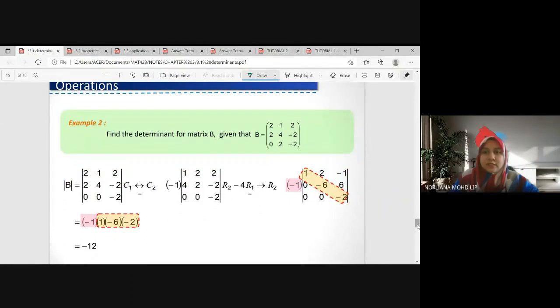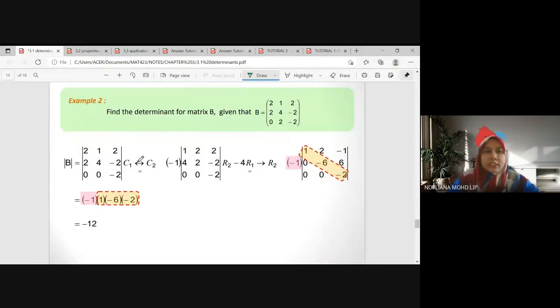Okay, yang ni pun sama lah. Okay, yang ni dia melibatkan column operation. Dia interchange column 1 with column 2. Column 1 with column 2. So we put negative 1 lah, negative sign. Then reduce until this one is upper triangular juga, upper triangular.